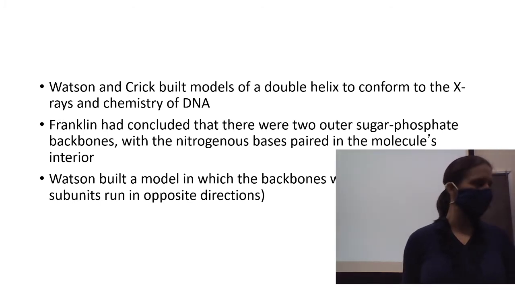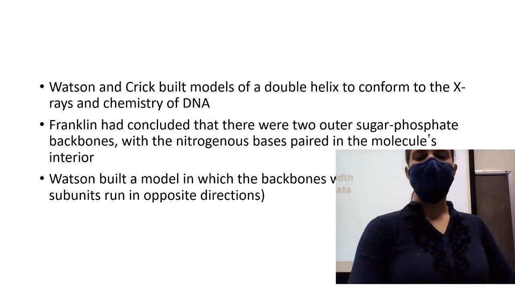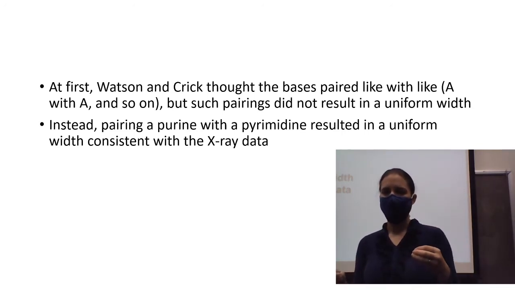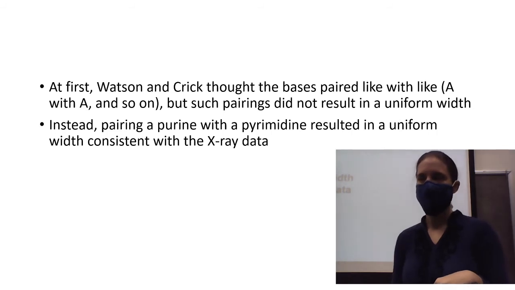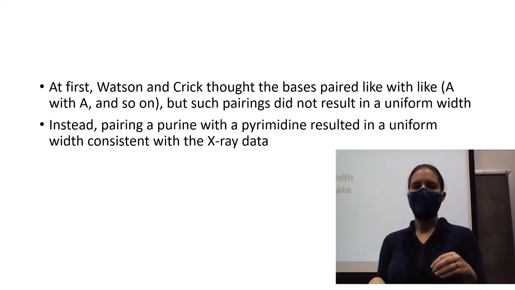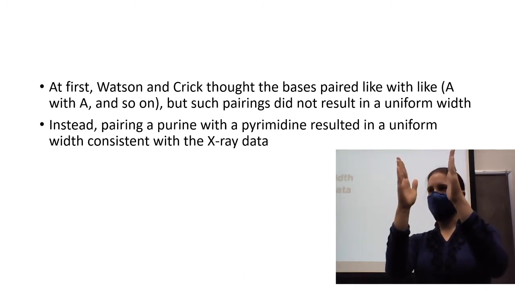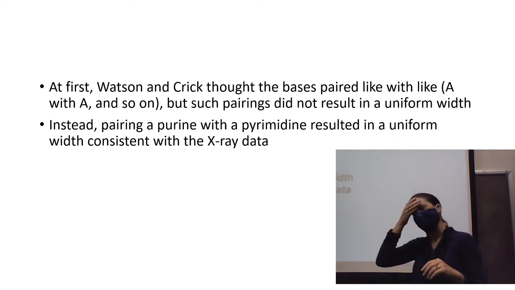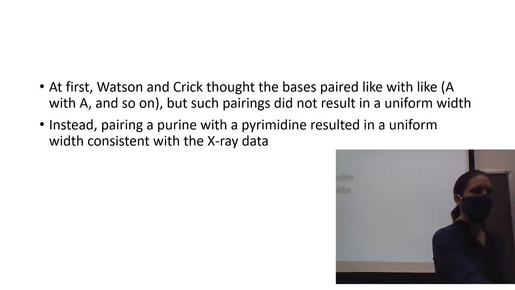And at first, when they're looking at it, they're like, okay, so we think maybe the bases are pairing with like bases. Maybe all the A's are pairing with A's. And that doesn't work, because the spacing of the molecule then isn't consistent. It's either too fat or too thin. So, okay, like's not pairing with like, so maybe the purines are pairing with other purines.